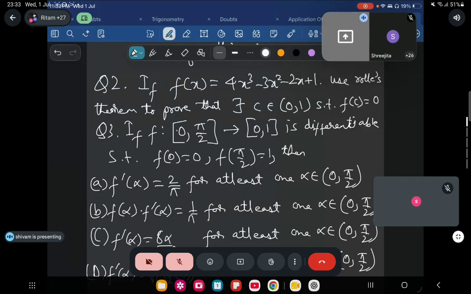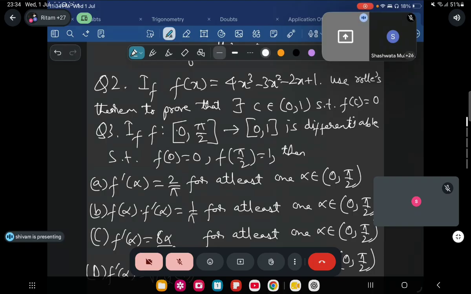Yes, Shrita, your proof is correct. Shashwato, I told you that this can be proved by other ways, but you have to use Rolle's theorem specifically to prove it. Okay, you have used some other method. Okay, Sokroit, your answer is correct.